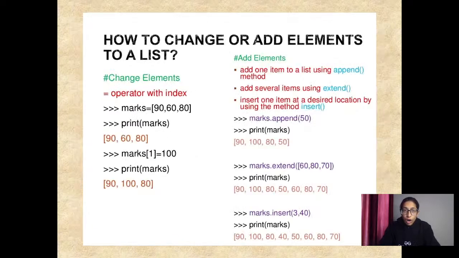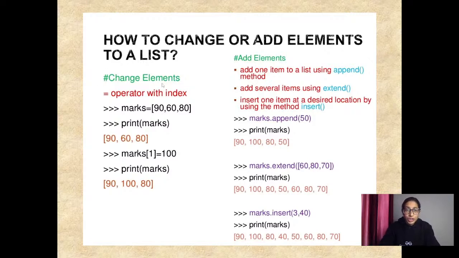Now how do we change or add an element in it? Changing and adding an element is easier because lists are mutable. That means each of your elements can be changed, unlike strings or tuples, because in strings and tuples we cannot change or add any elements. So we use the assignment operator to change an item or a range of items.